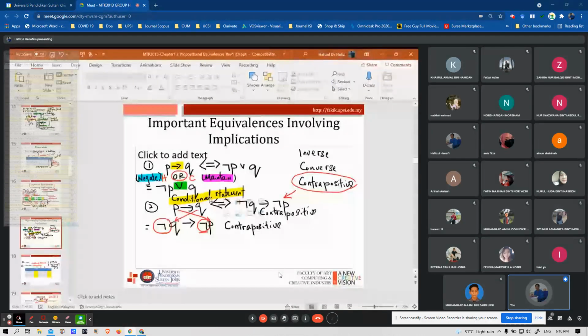Again, I explain to you inverse, converse, and contrapositive.